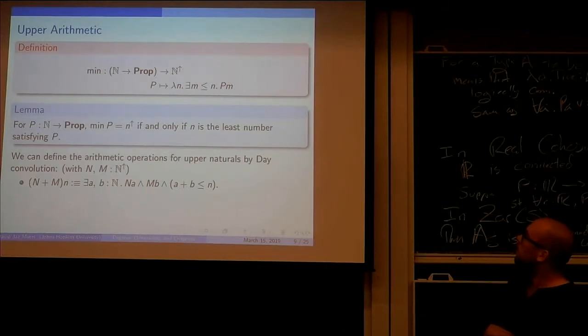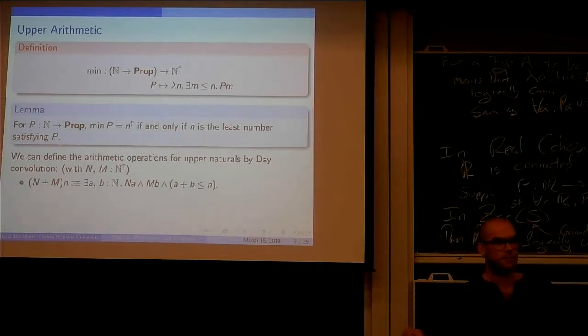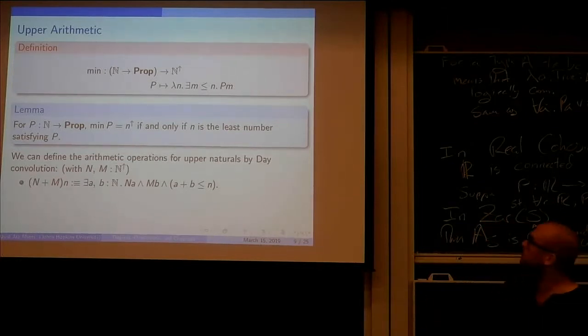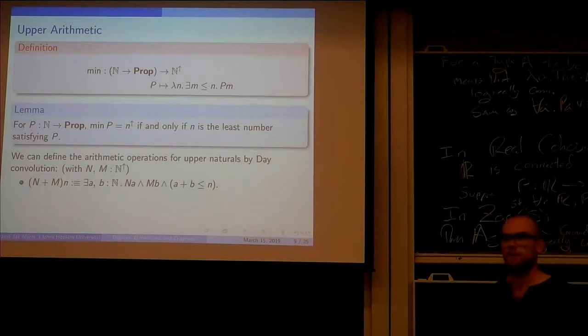So we can prove a little lemma, which is very nice, which is that the minimum is a bona fide natural if and only if that natural is actually the minimum. It's a good sanity check. We've expanded our notion of natural number, but if we check it on naturals, everything's back where we were.